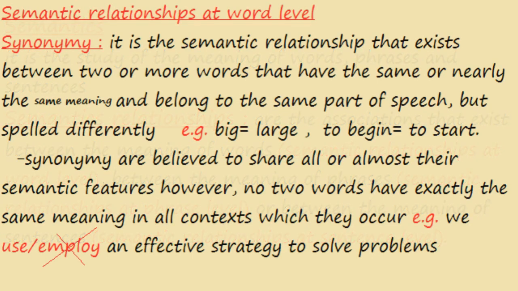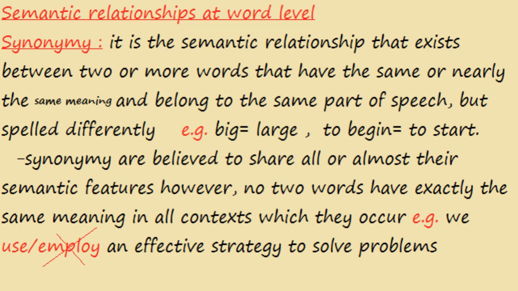It is the semantic relationship that exists between 2 or more words that have the same or nearly the same meaning. And of course, they have to belong to the same part of speech, but be spelled differently. Which means, what do we mean first by part of speech?